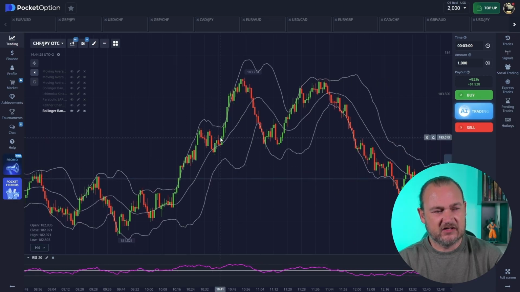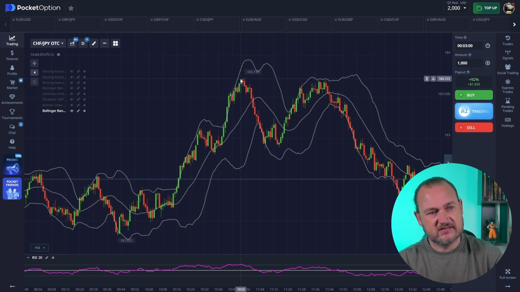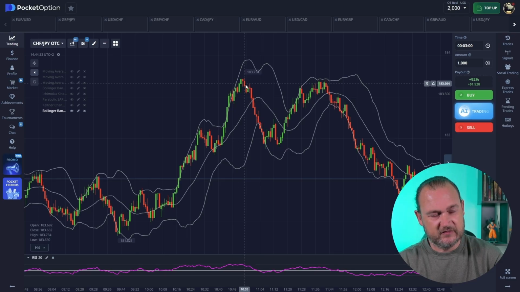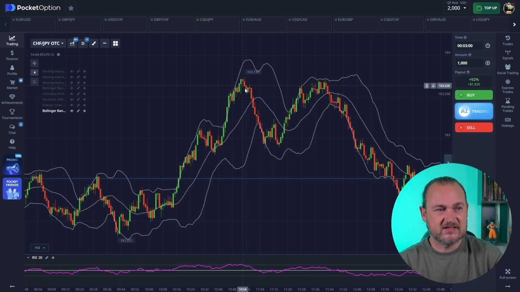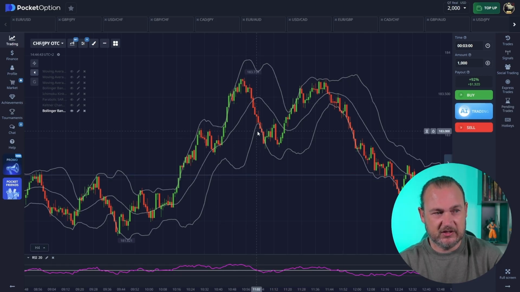If we have a price run, like we had a price run in the upper band here, when price starts turning, it goes through the middle band and heads straight towards the opposite band. It was running in the upper band, made a U-turn and came back for the lower band.